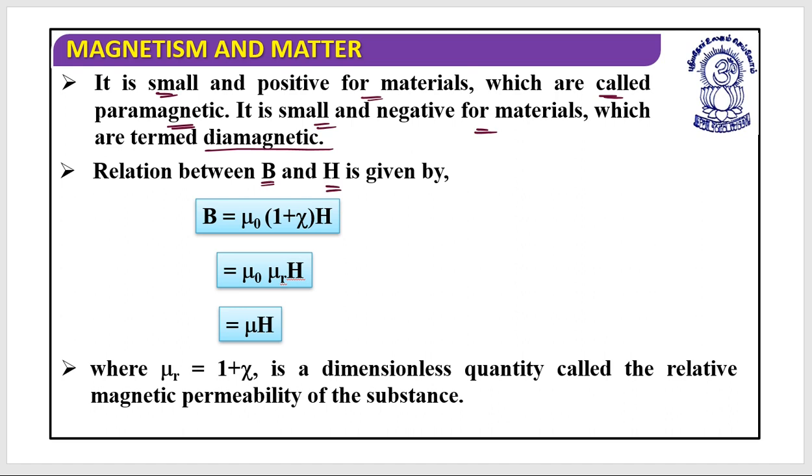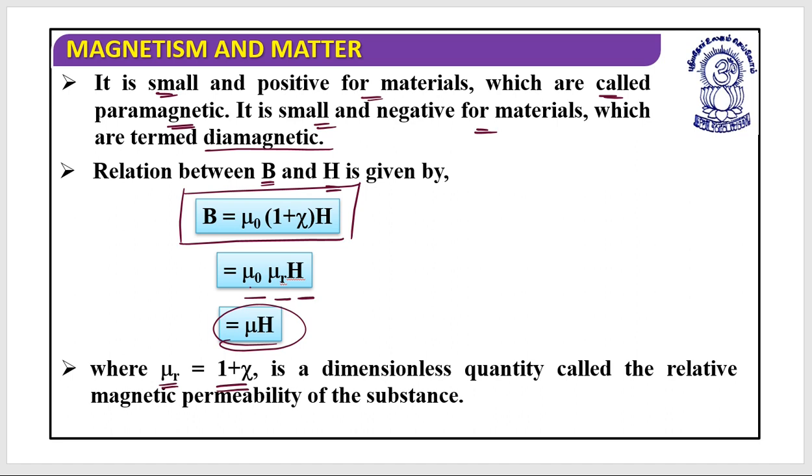The relation between B and H can be given as B equals mu naught into 1 plus xi into H. This could be written as mu naught into mu r into H, while mu naught into mu r could be written as mu into H. We understood that mu r is the relative permeability, equal to 1 plus xi.